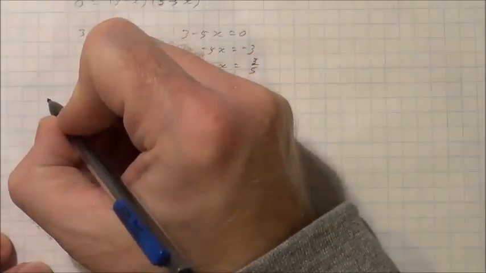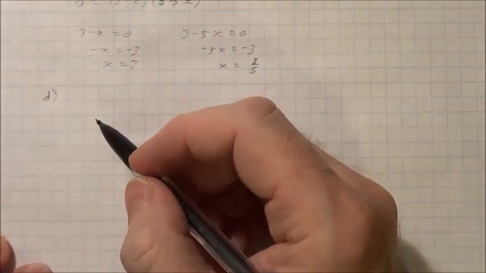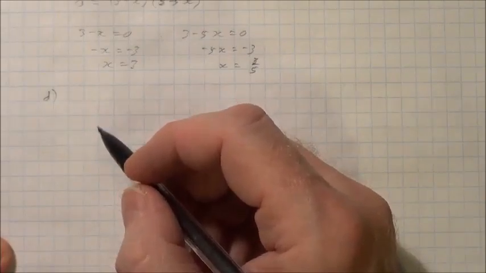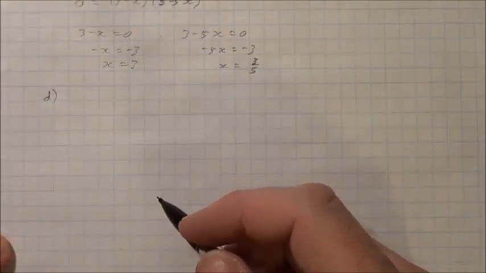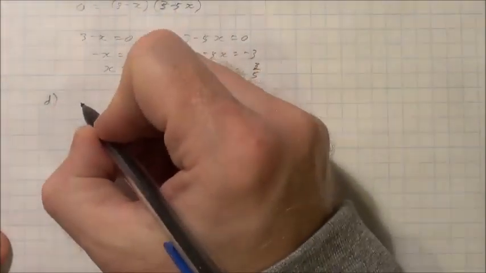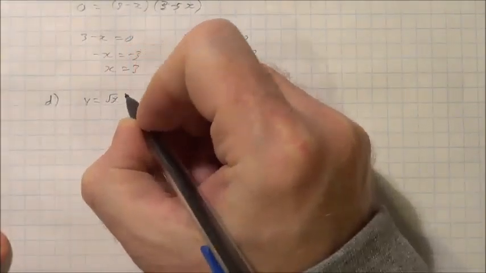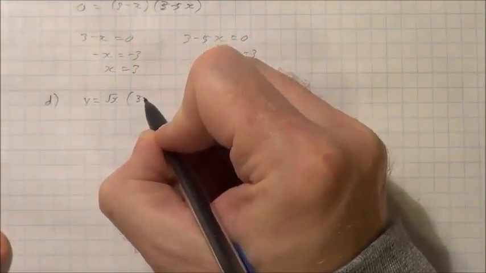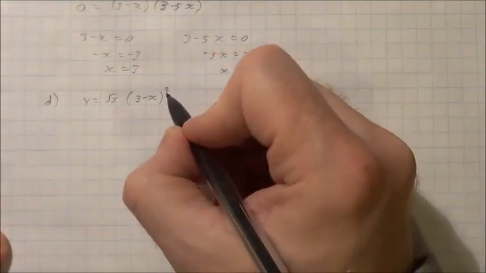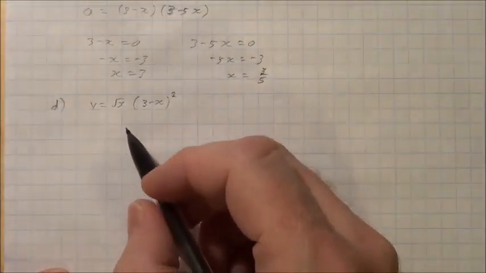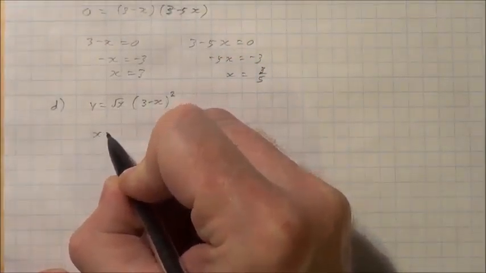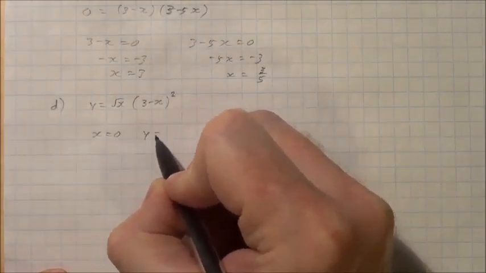In part D, they ask, are there any values of x where y is defined but dy by dx is not defined? The function itself is y equals root x, 3 minus x all squared. If x equals 0, then y equals 0.